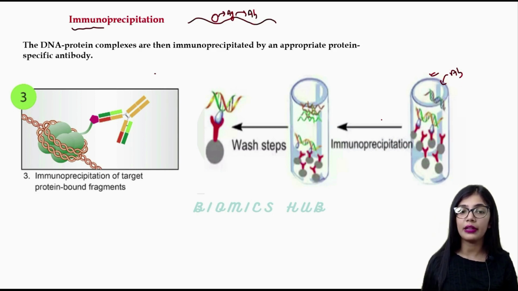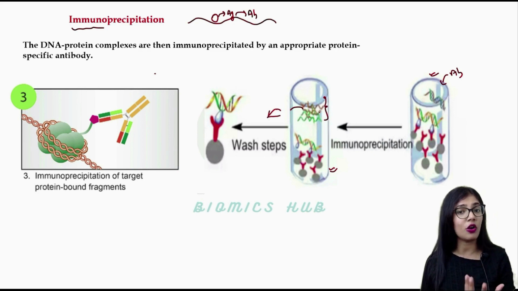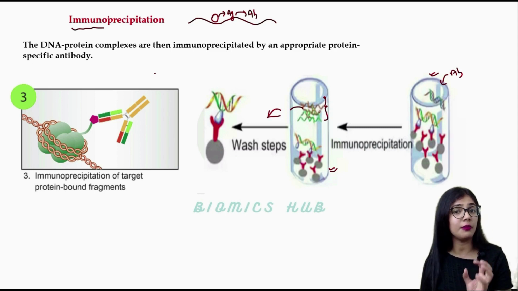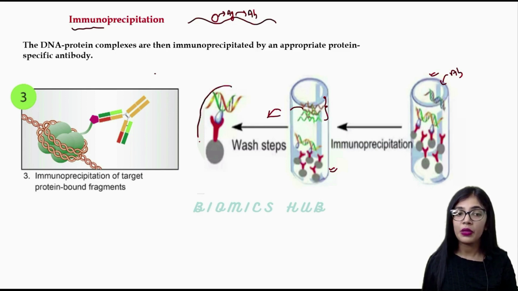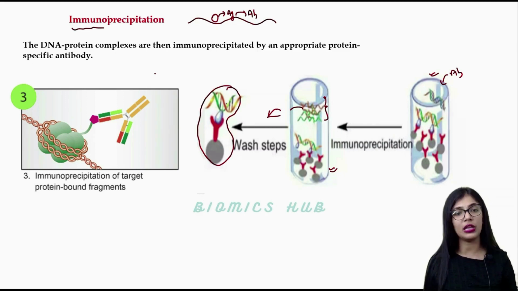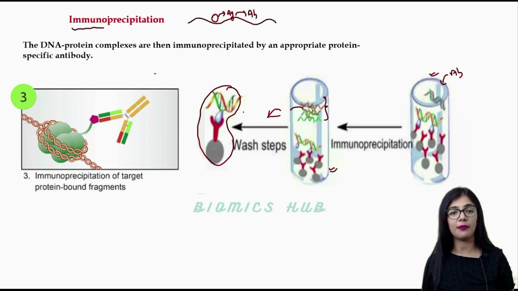In this way, the DNA and proteins settle at the bottom, and the rest will be washed off. These are only the DNAs which are not binding with the protein, because they are not binding with the antibody. If the antibody came and bound the protein, it would settle down. So these need to be removed. Here we get the DNA which is binding with the protein, and the protein is linked with the antibody.